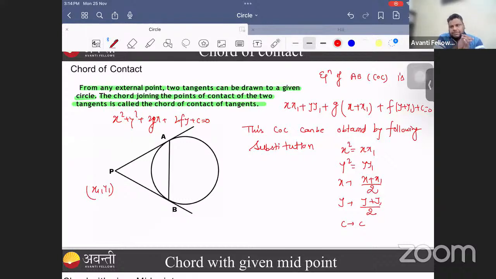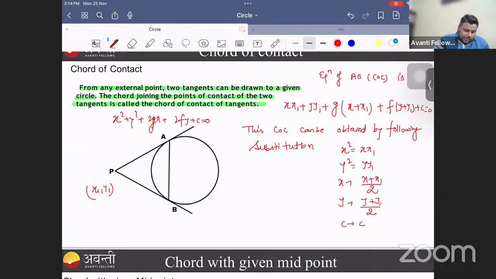Got it? So this is what I call the chord of contact.